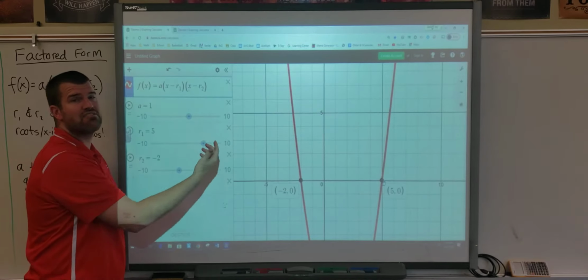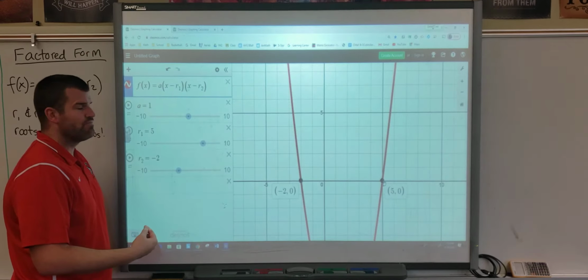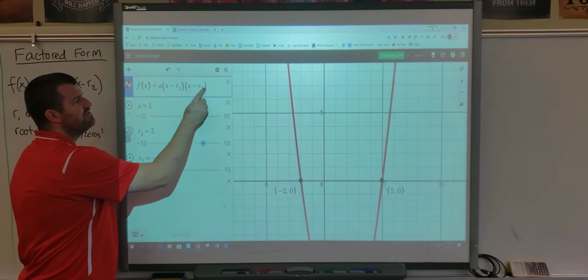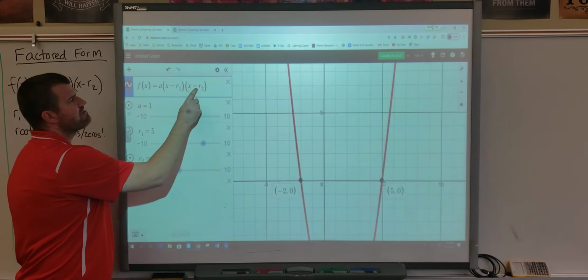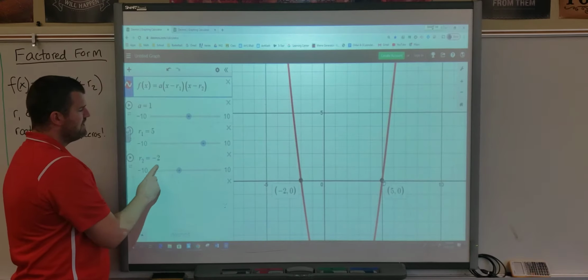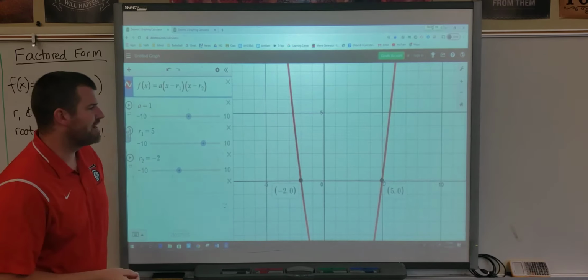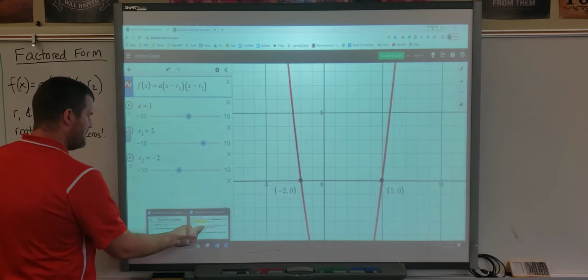So x minus 5 actually gives us a solution of +5. Which means if we're going to plug in a -2, a negative is going to turn into a positive. So this one would actually say x plus 2, which would mean we get a root of -2. Similar to how when we solve by factoring. All right, just a little intro there to get us going.